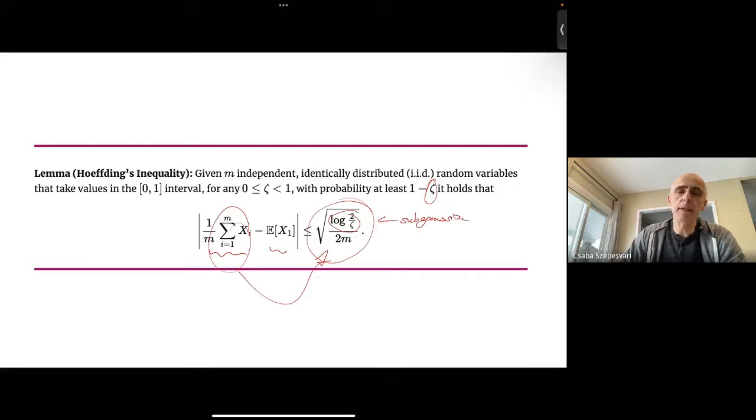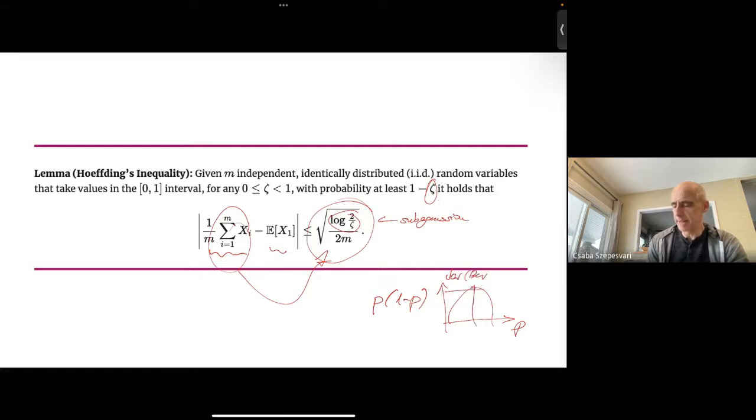So for example, if you take a Bernoulli with a small parameter p, then the variance of the Bernoulli is p times 1 minus p, right? So that's like this function. So this is p, and here I'm showing the variance of the Bernoulli. At 1/2, you get the maximum variance, which is 1/4. And otherwise, the variance quickly decays. At p equals 0, you get 0 variance.